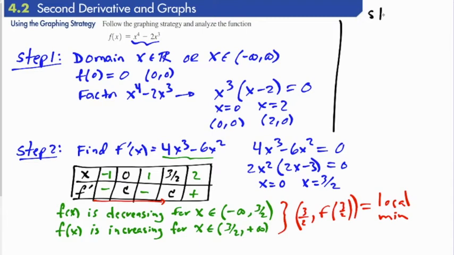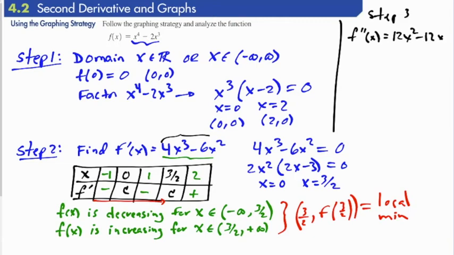So step 3 in our graphing procedures says to analyze the second derivative. And that means we're going to take the derivative of the first derivative. And that gives us 12x squared minus 12x.